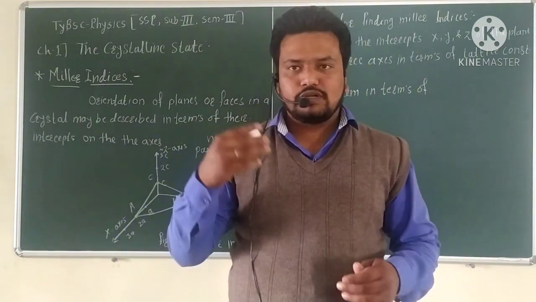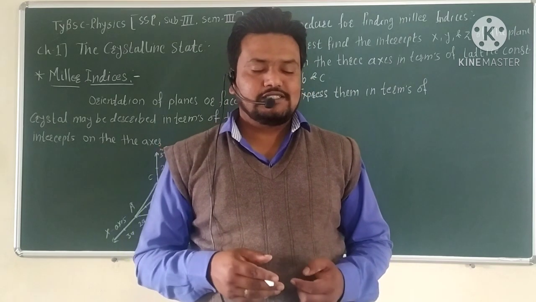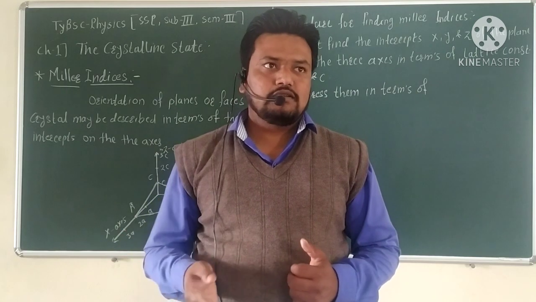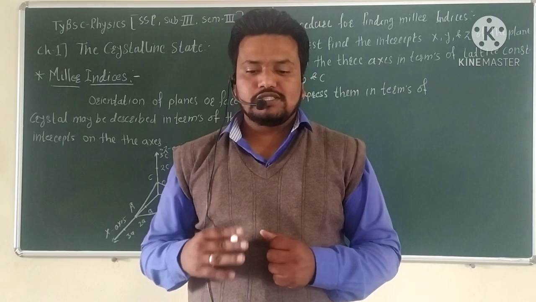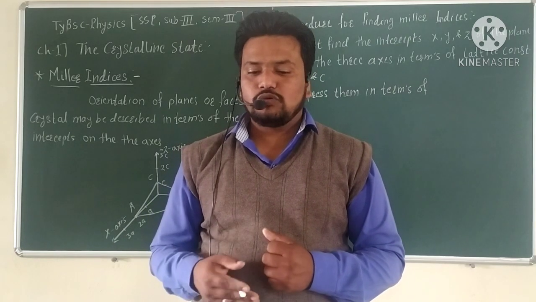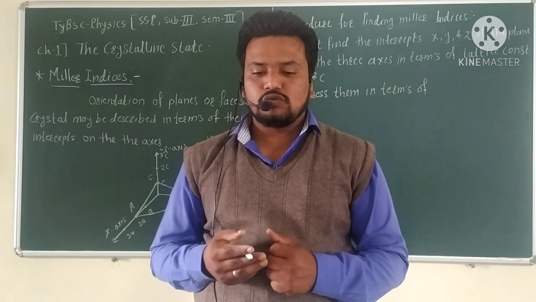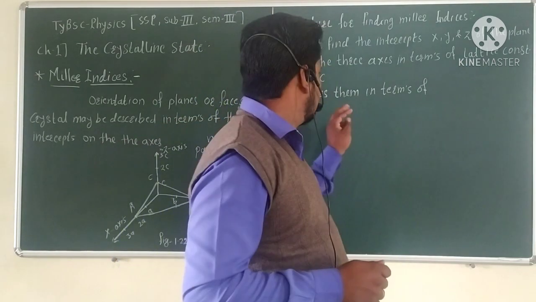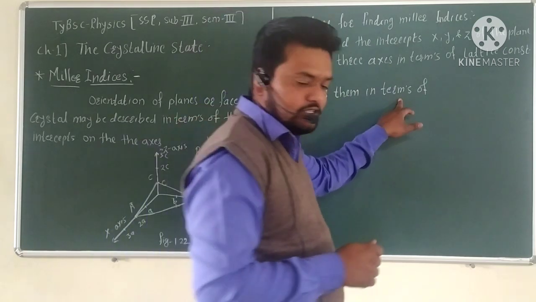For example, the intercept point on the x axis is x equal to p1 a, the intercept on the y axis is y equal to p2 b, and on the z axis, z equal to p3 c. So that is how we express them in terms of axial units.